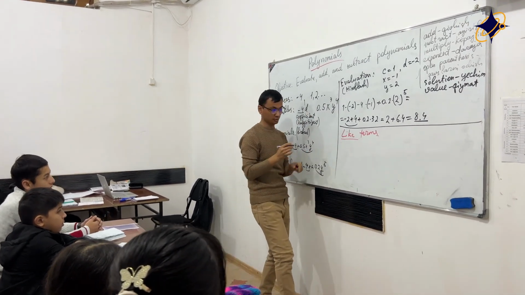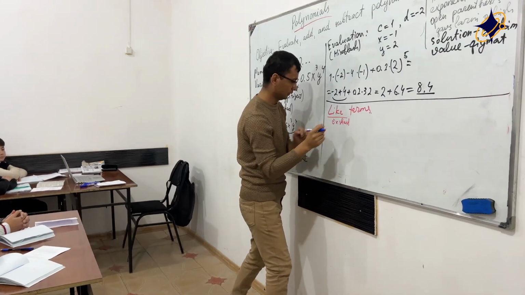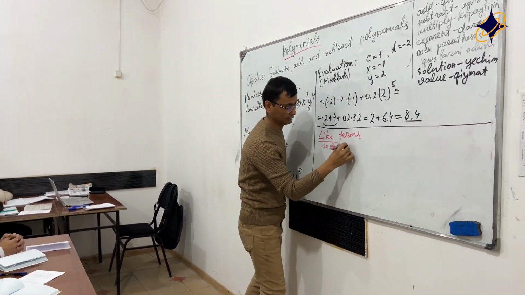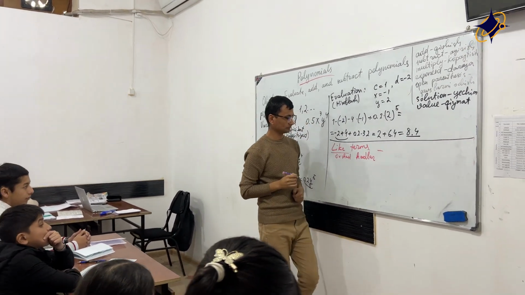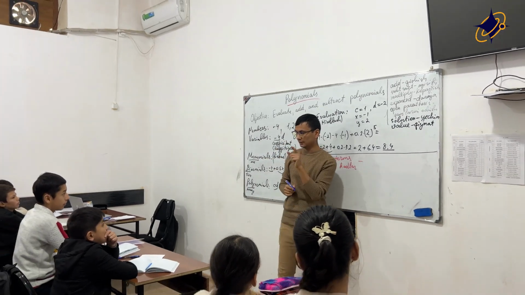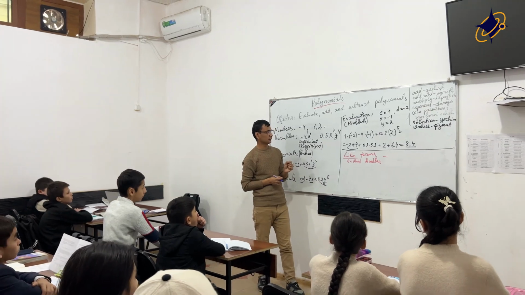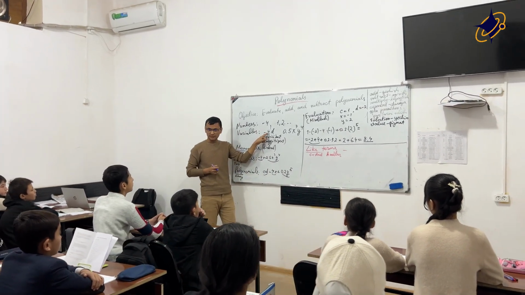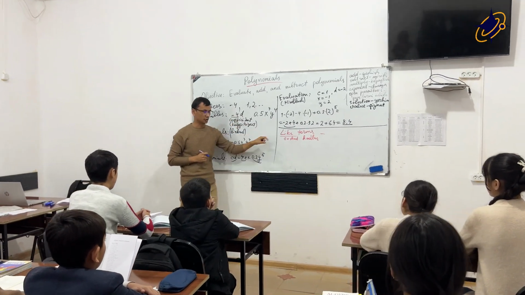Like means similar, and terms equal polynomials, binomials, or monomials. Where the variables are the same and the coefficients of these variables are different, they are called like terms.